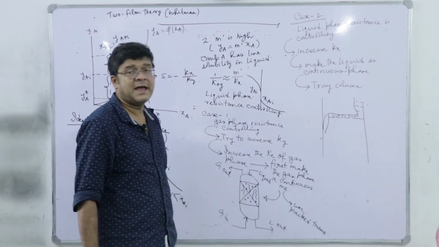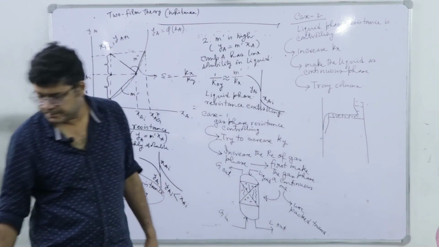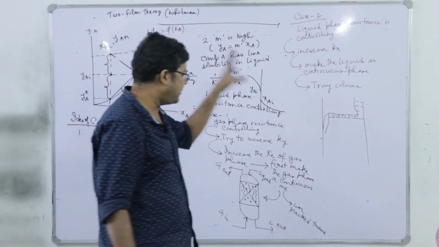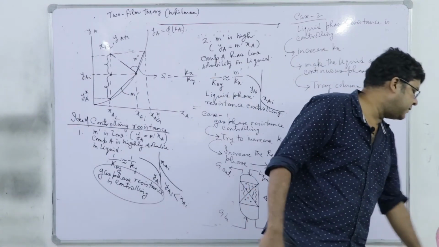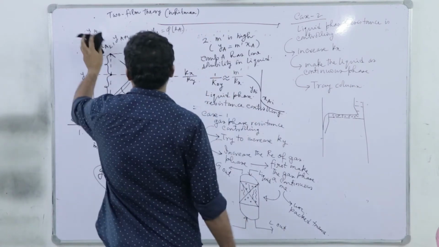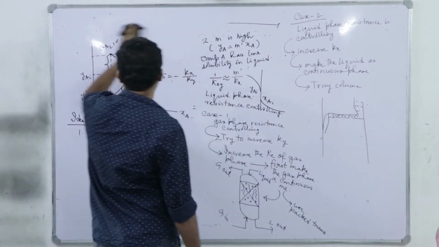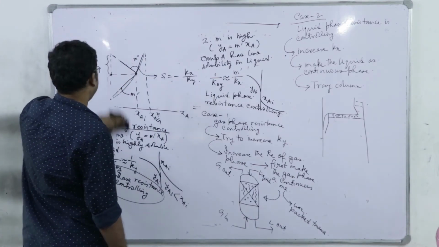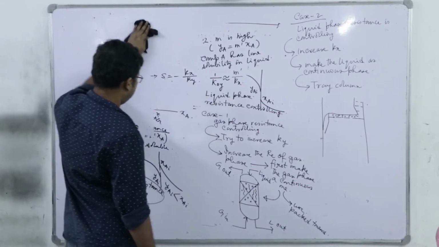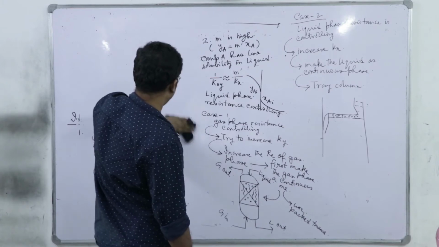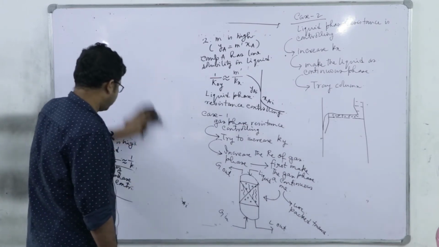So in that case we have to go for packed towers. Okay? So that's the basic idea of this overall mass transfer resistance, and from there we can conclude about our device selection in which we are supposed to generate the contacts between the gas and the liquid phases.